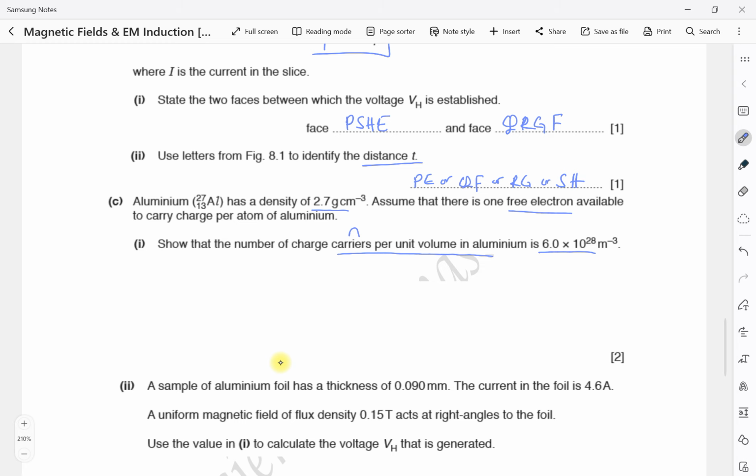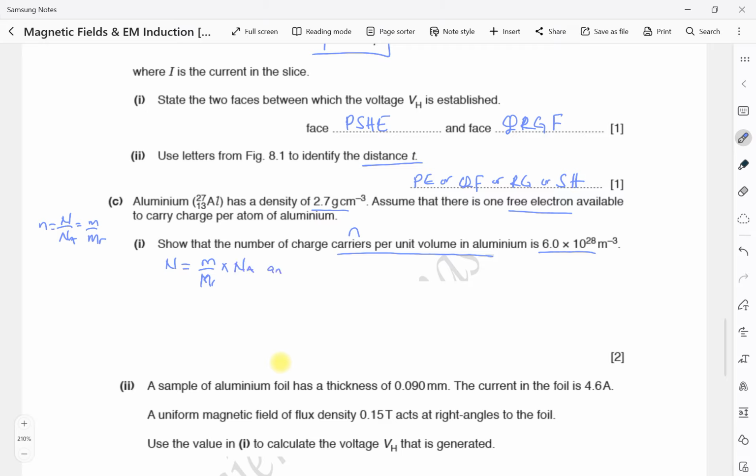So we want to find N. I'll use concepts of nuclear physics and maybe ideal gases. You and I know that number of moles equals number of particles over Avogadro's number, which is mass over molar mass, which means that the number of particles is equal to mass over molar mass times Avogadro's number.